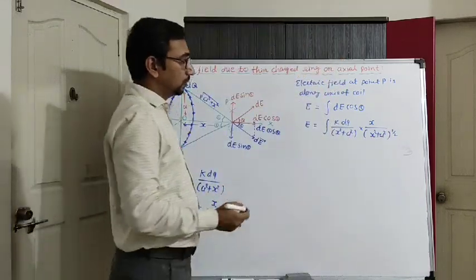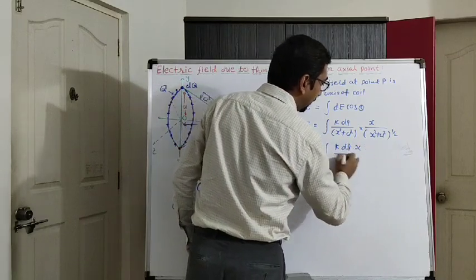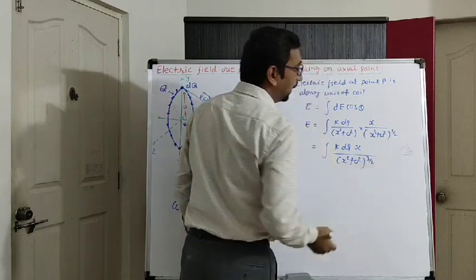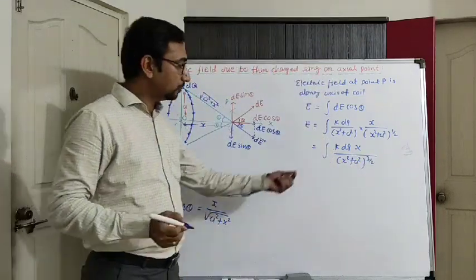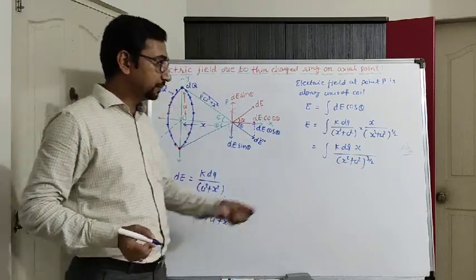So this will become k into dq into x upon x square plus a square to the power 3 by 2. Now see here, a is constant because a is radius of this ring.